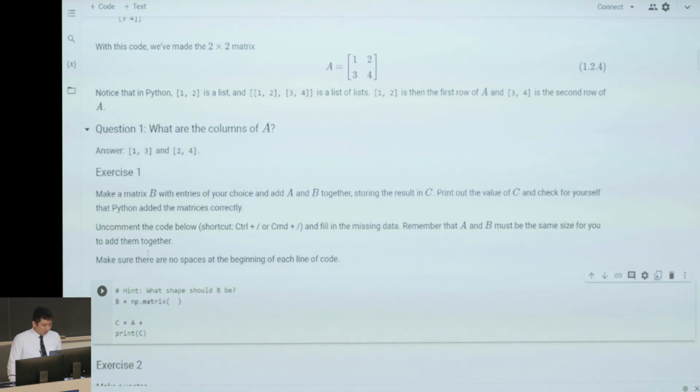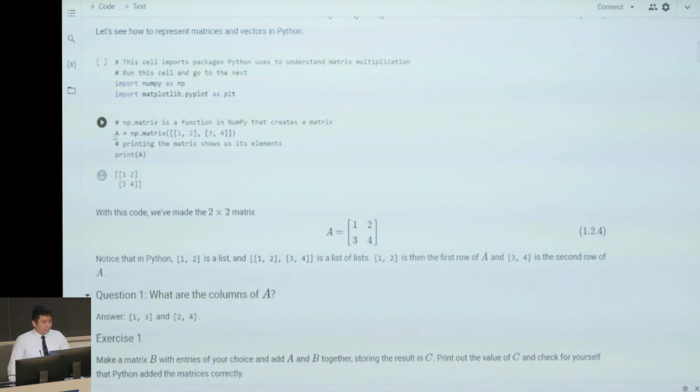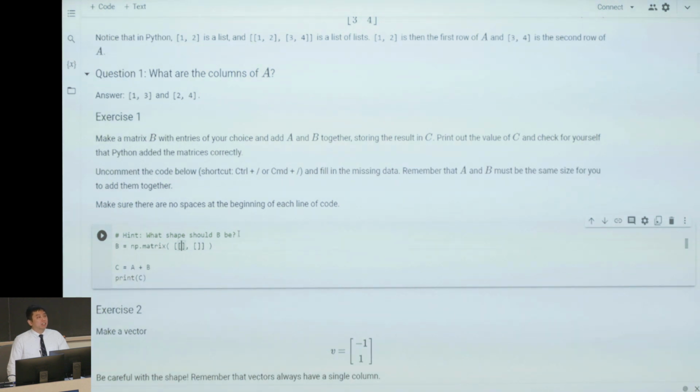Well, the easy line to complete is this one, where we're just adding the two. So NumPy makes it so that you can use this addition symbol between two matrices. And you see up here, we've defined a 2 by 2 matrix A. So here we need a 2 by 2 matrix B. So remember, we create a list of lists where the entries are some random numbers.